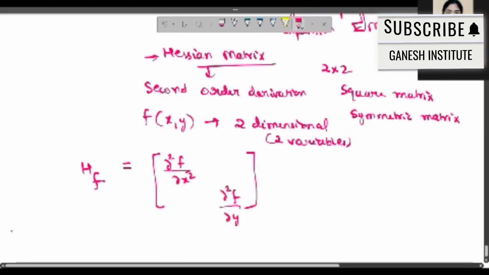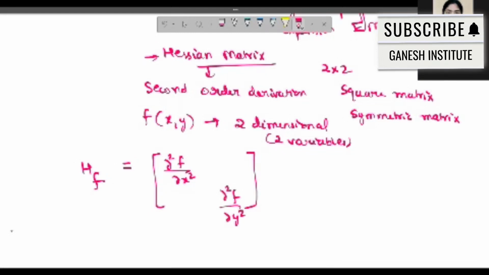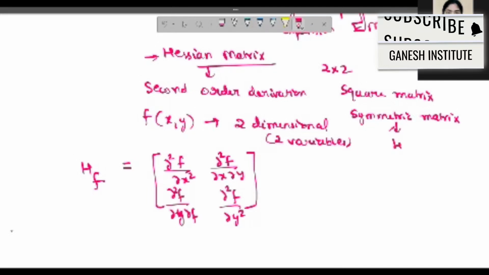Principal diagonal will again be having x and y, okay? And then the other diagonal will be having the combination of both x and y. Now, because it is a symmetric matrix, it has to be equal to its transpose, right?